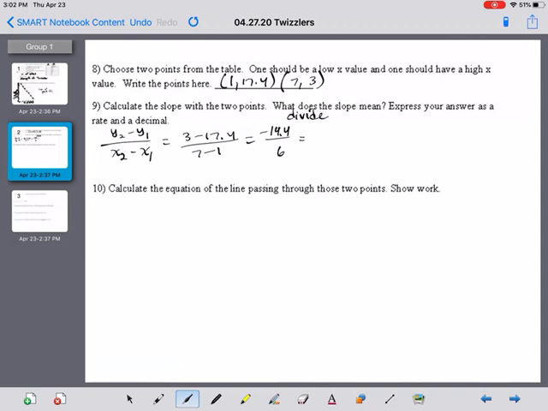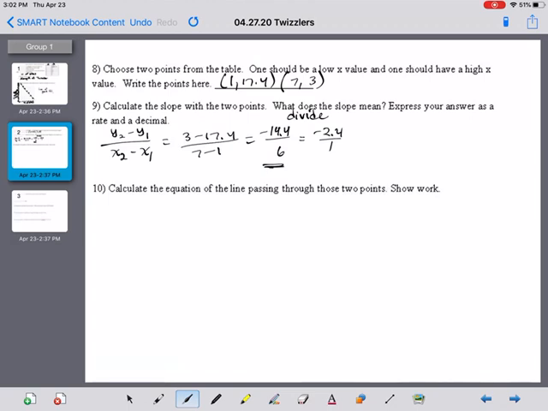Usually we leave it as a fraction. Well, let's divide to make it a unit rate. Technically this is a correct answer for the slope, but just for the heck of it, let's write it as a unit rate. So divide, and you get -2.4 over 1, and we'll use that one as our slope. So now it says, what does the slope mean?